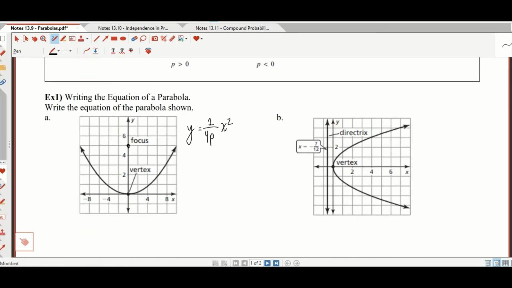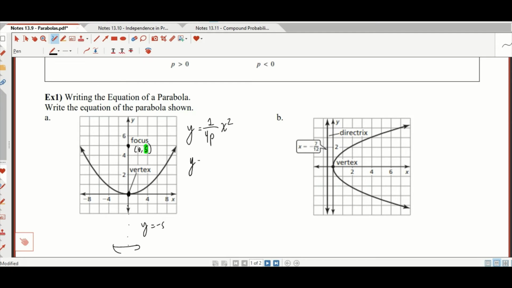Now the focus is right here at 0, 5, which means 5 is what p is. You can't see it, but the directrix would be down here at y equals negative 5, way down here, because it has to be equally distant. The vertex is equally distant from the focus and the directrix.